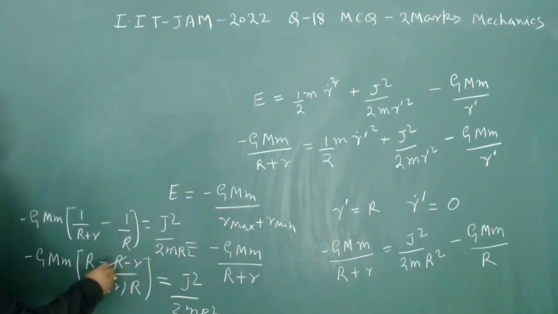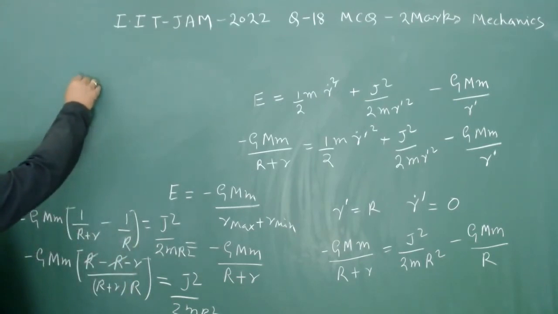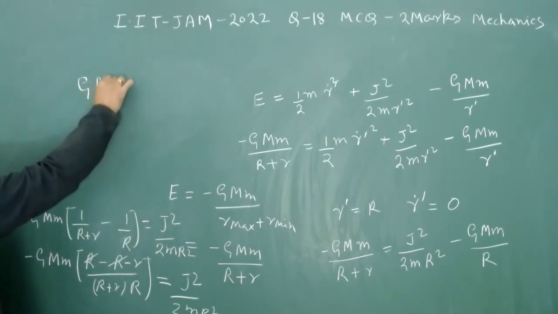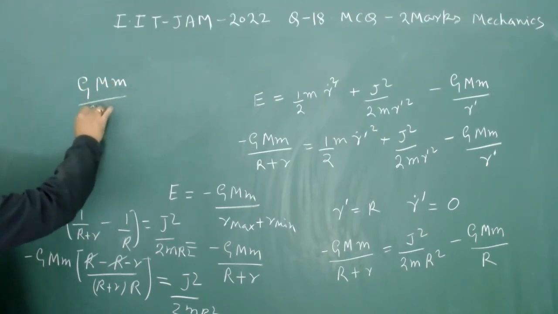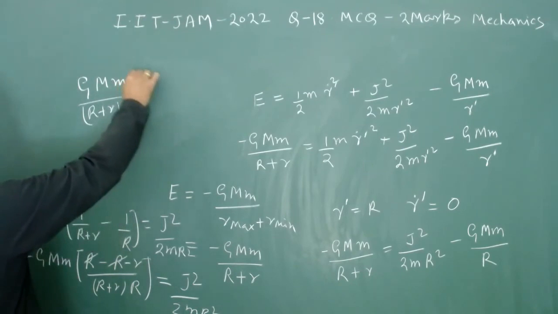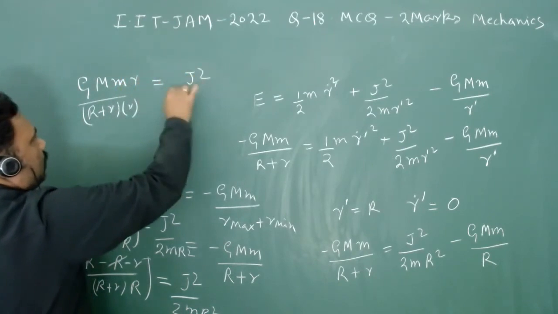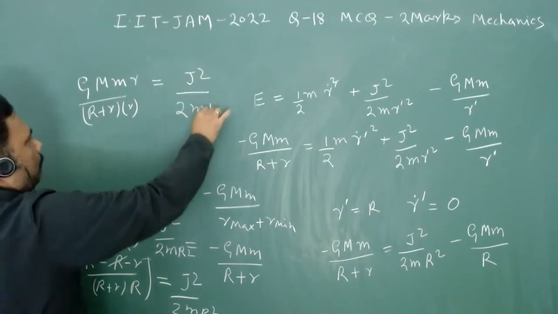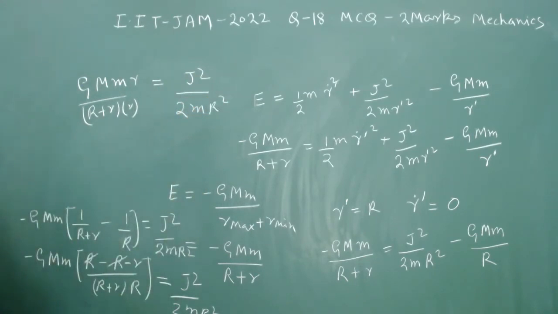So this capital R is going to cancel out, and this minus sign and this minus sign make plus 1. So we have G M m upon R plus r into R, and small r is equal to J square upon 2m R square. So now we can take this, and this is your capital R actually.